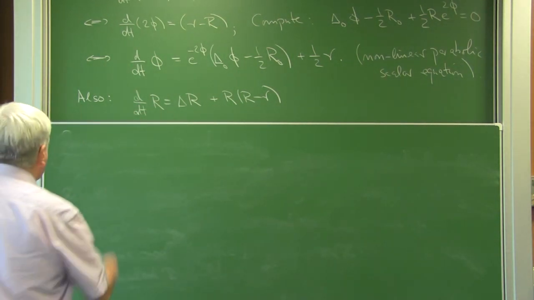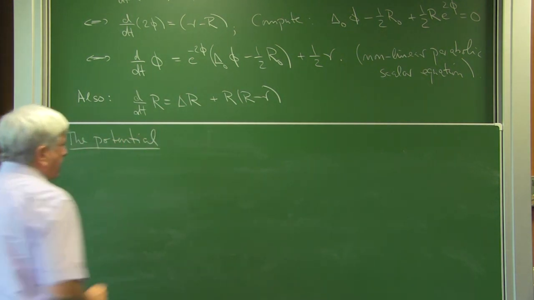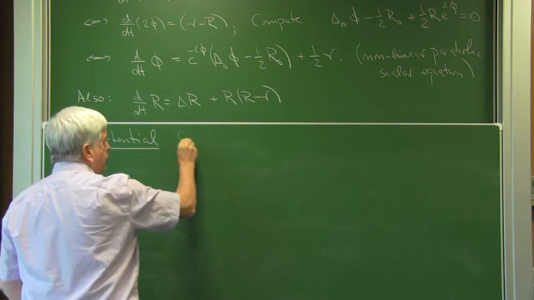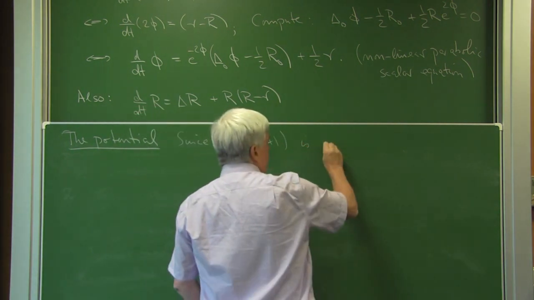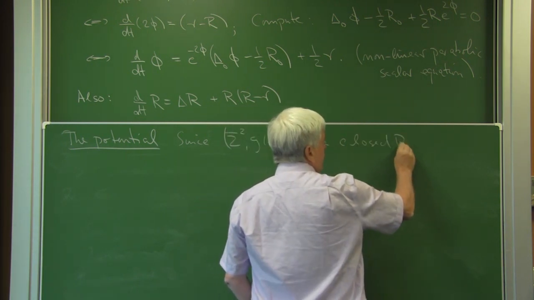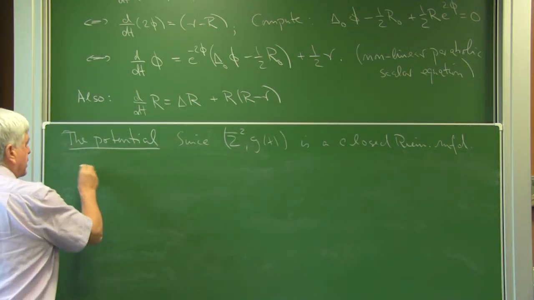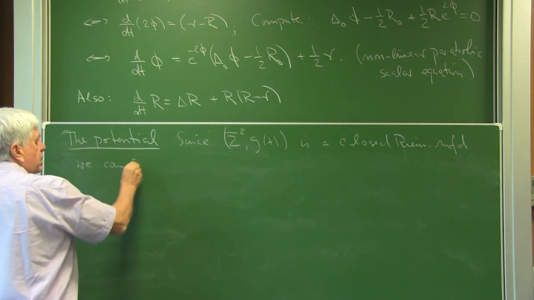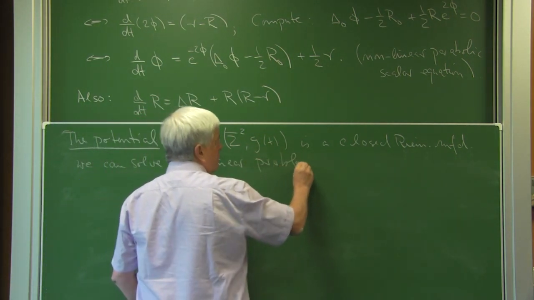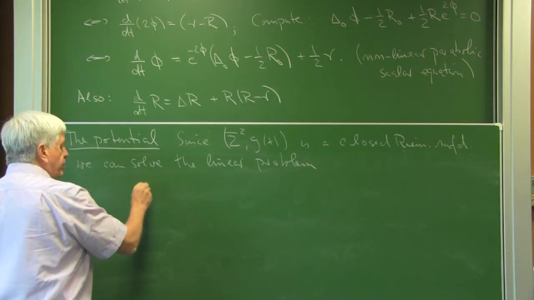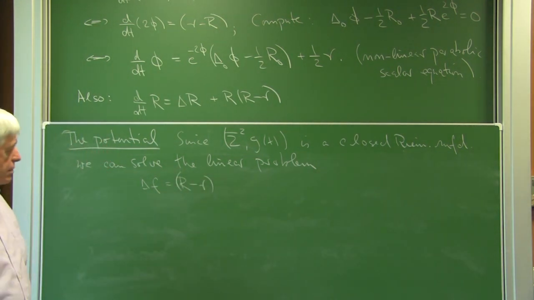So, on the potential. Now, since Sigma 2 with the metric at time t is a closed Riemannian manifold, no boundary, we can solve the linear problem at each time t, where we put Laplacian of f equals capital R minus small r.